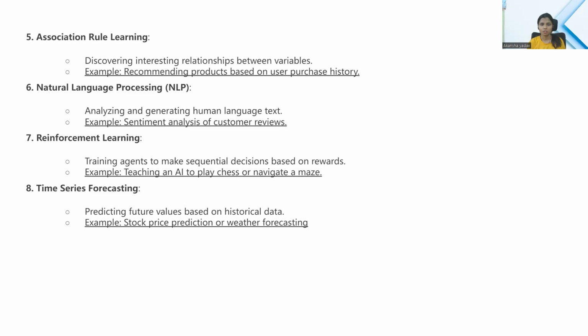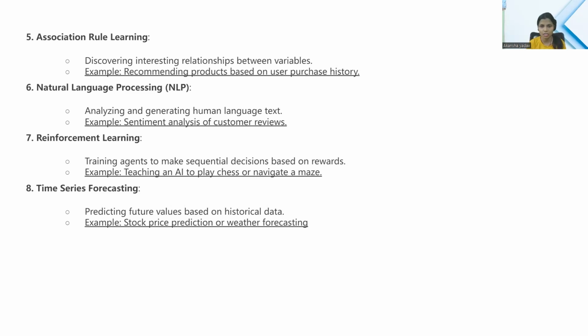Another model is the reinforcement learning model. Reinforcement learning is where you are training an agent to make sequential decisions. Suppose it's a chess game and the computer is playing the chess game, and I am one of the players playing along with the computer. So the computer is going to make the next move as per me. While I'm playing, the computer will learn, and on the basis of the training that I am giving to the agent, although the model has been trained, it will learn from the particular decisions as well based on the reward.